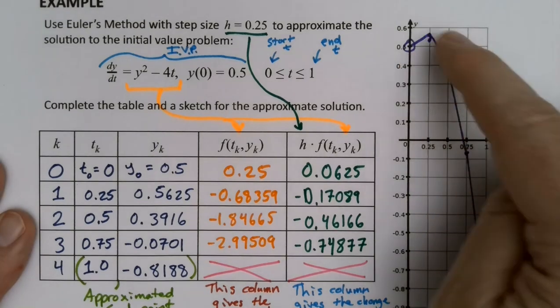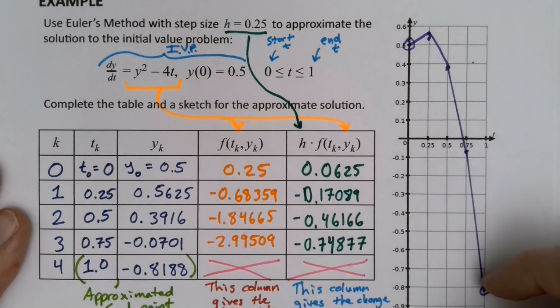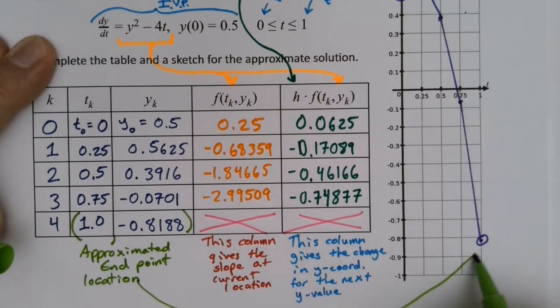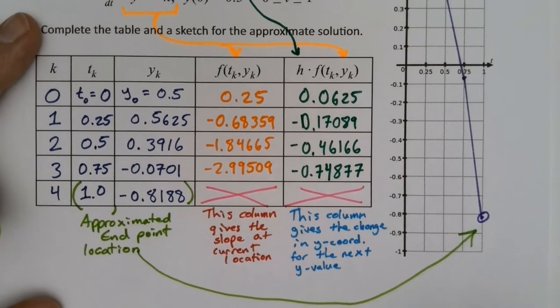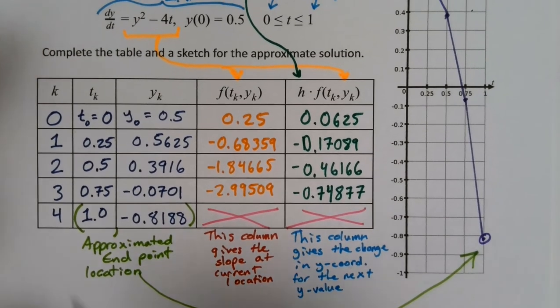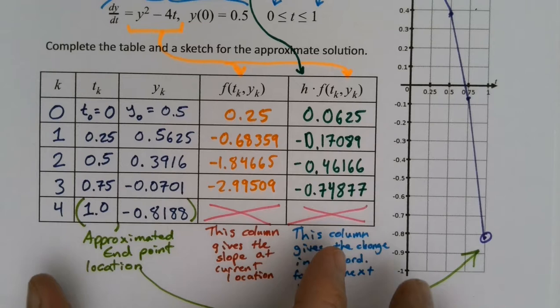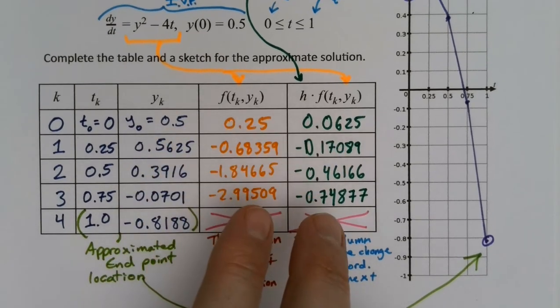Now, each one of these is a series of straight line segments, but this approximated endpoint that we found over here corresponds to that point right there, right? So it's a way of being able to visualize what's going on, a way of being able to show where the calculations are coming from, but still making use of Maple to do the heavy lifting for us. And of course, you could do these calculations in Maple as well if you wanted to.